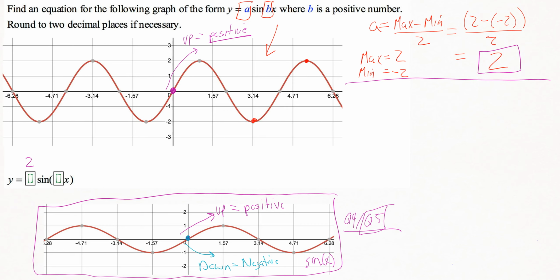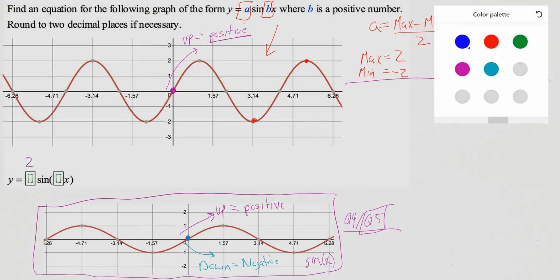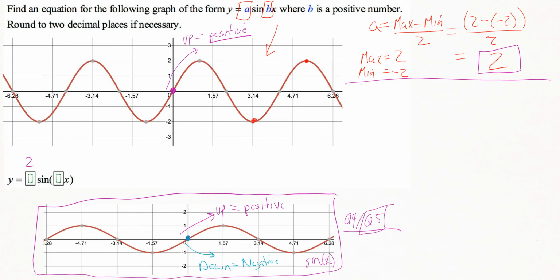Now that we found the a value, we get to find the b value, how much it got stretched horizontally. We have a formula for finding the b value, and it does not care if we're talking about sine or cosine. It's always the same formula: 2 pi divided by the period. The period is the distance it takes to do one full cycle of the graph.